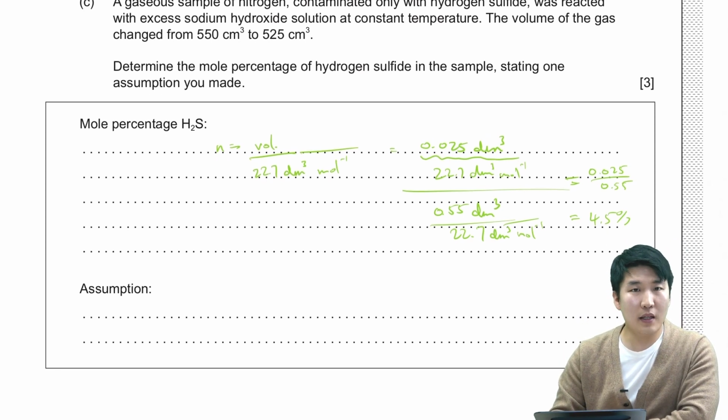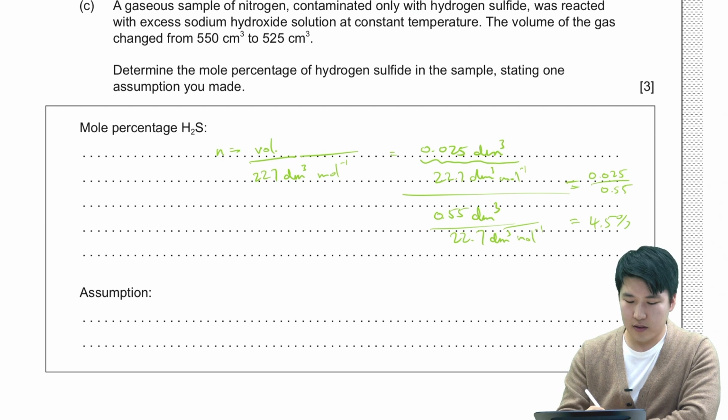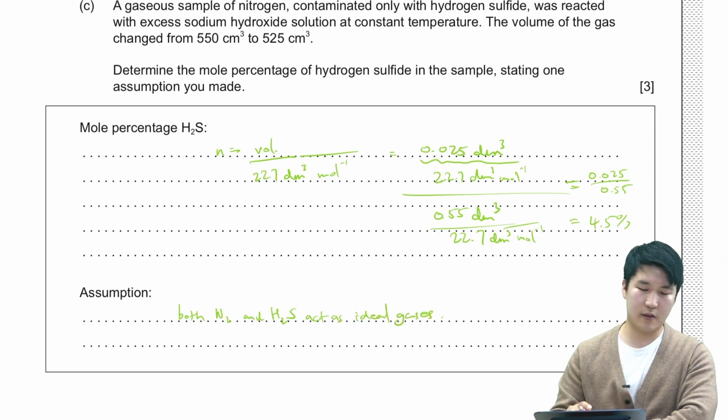The assumption we're making is that both nitrogen and hydrogen sulfide act as ideal gases.